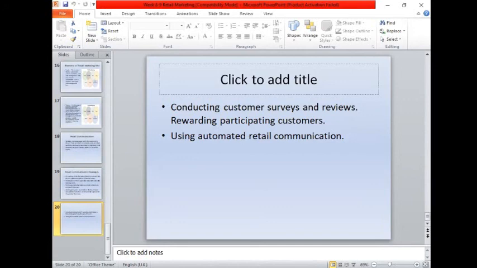And using automated retail communication, which is built in, information can always be communicated to the customers. Okay, so that is our topic for today when it comes to the retail market.